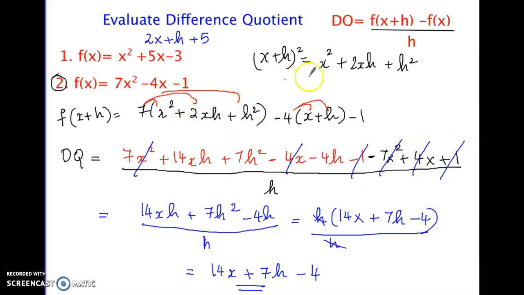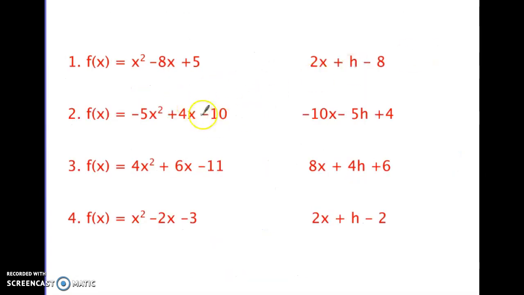Similarly here, if the function is of the type ax squared plus bx plus c, let's see if there is a pattern. So in order to figure that out, I want you to check out some answers here. So here are some questions and here are some difference quotients. These are the functions, and on this side I gave you their corresponding difference quotients, just to see if there is a pattern here with the answers.